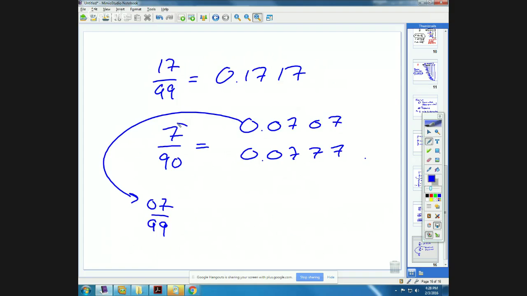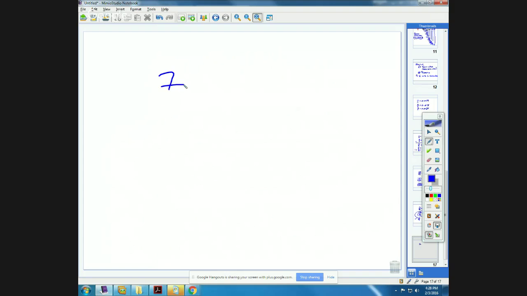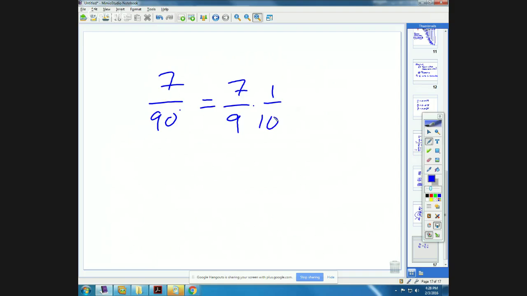So what happened here? Does the 7 over 99 make sense compared to the other pattern? That one's a little weird, so I want to break that out a sec. 7 over 90. Well, in there I have a 7 over 9, which I know is a bunch of 7s repeated, right? But then it got multiplied by 1/10.